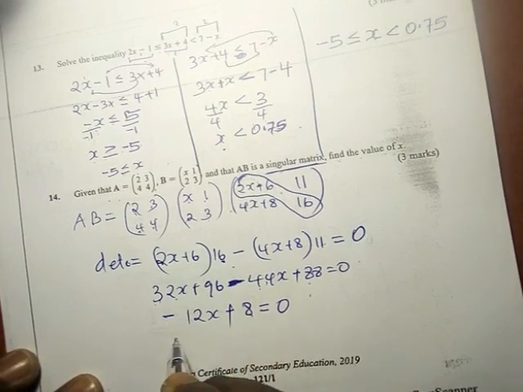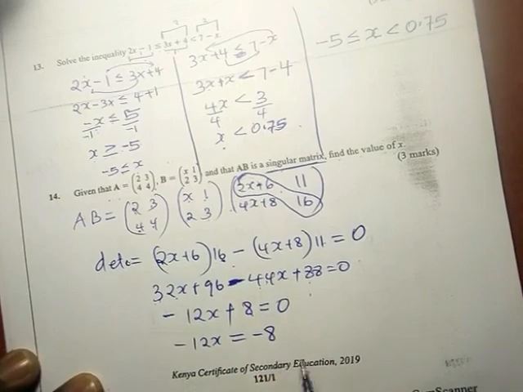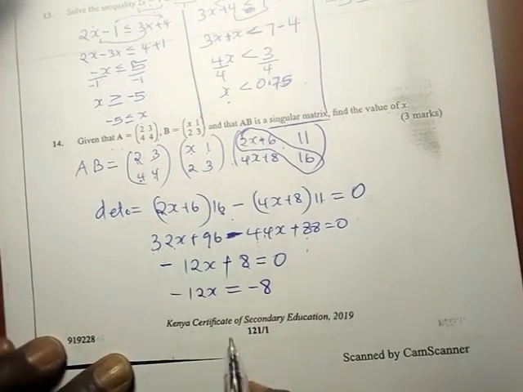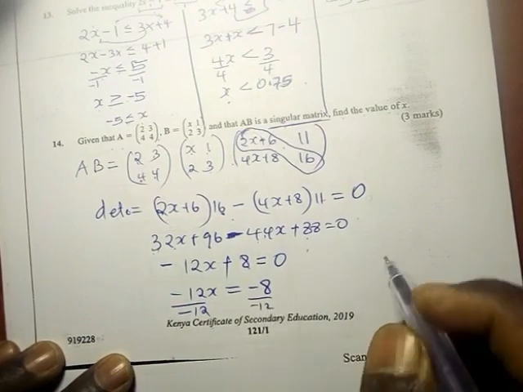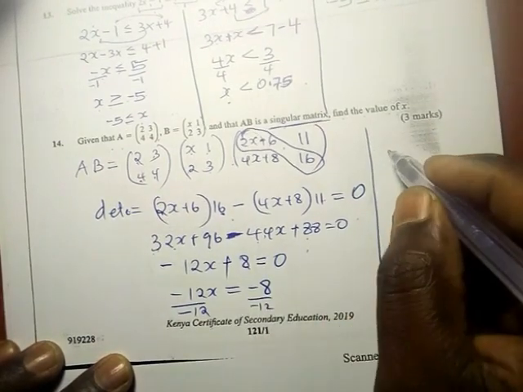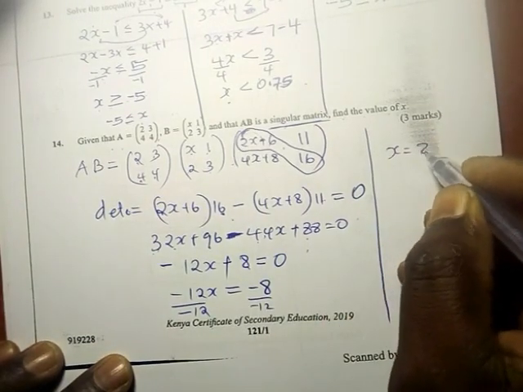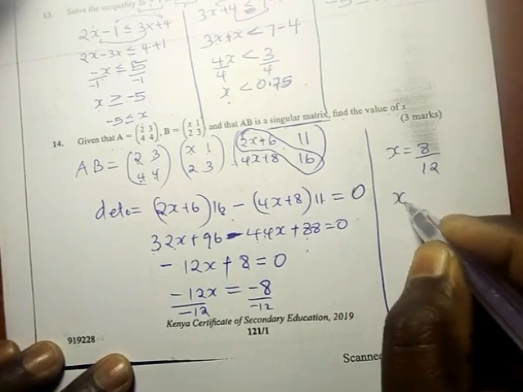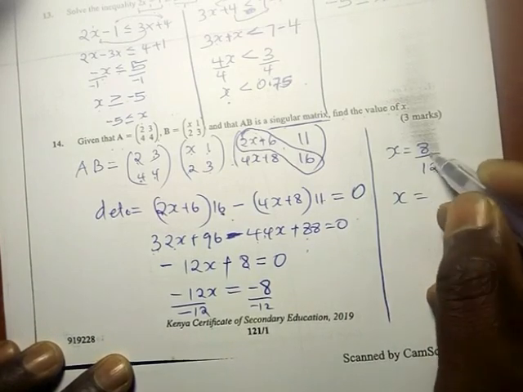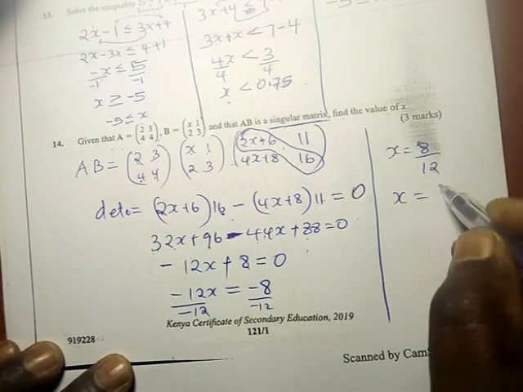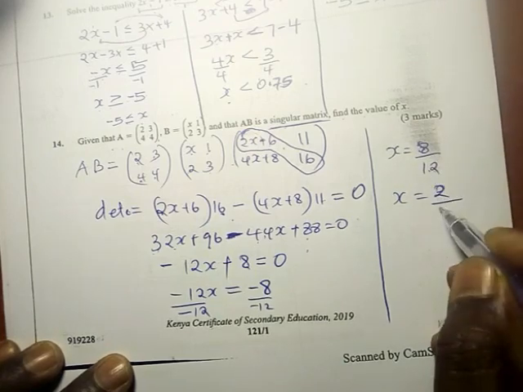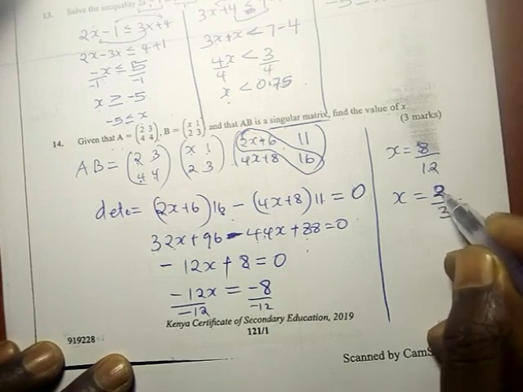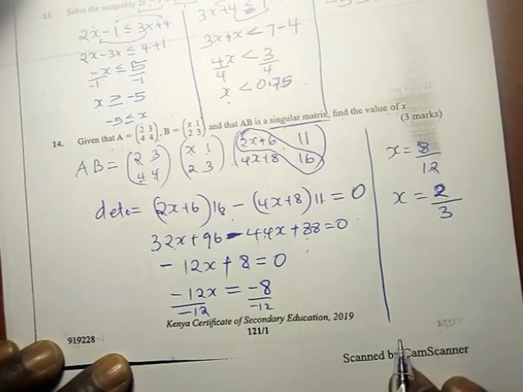So here we will have negative 12x is equal to negative 8. We divide both sides by negative 12, negative 12. So we have x is equal to 8 over 12. Let us simplify. 4 there 3, 4 here 2, 4 here 3. So the value of x is 2 over 3.